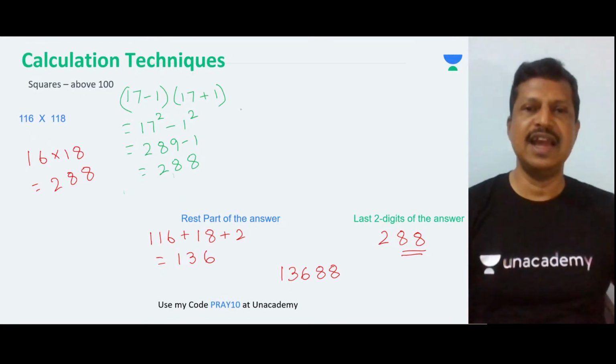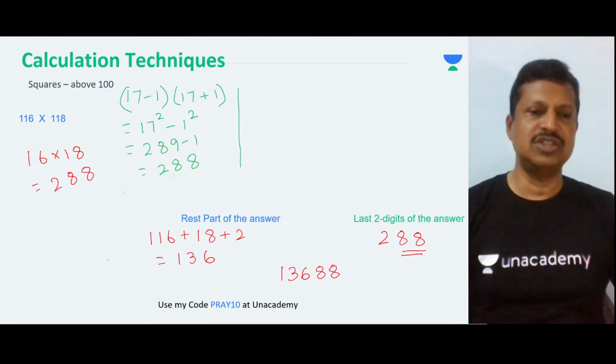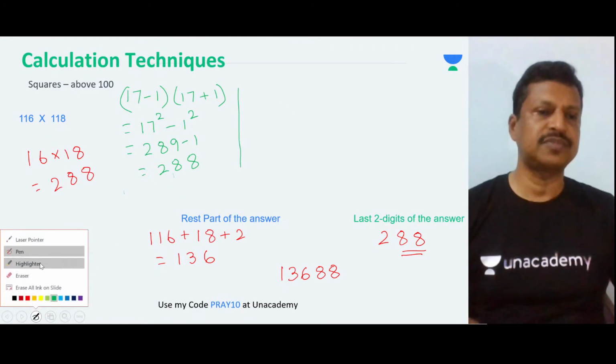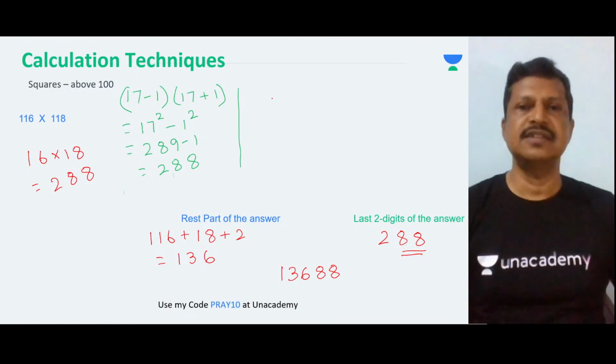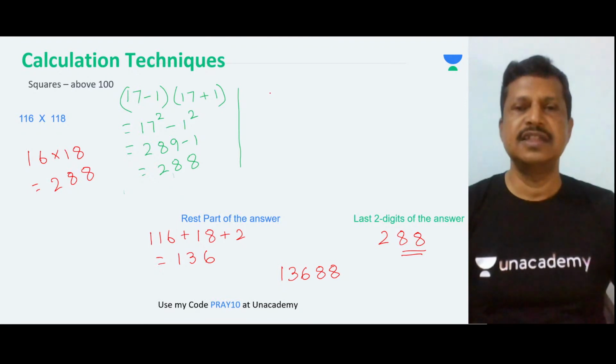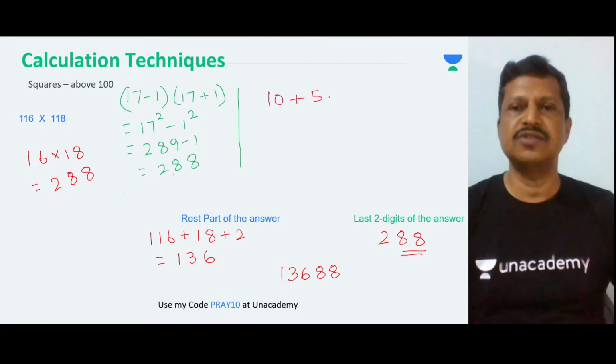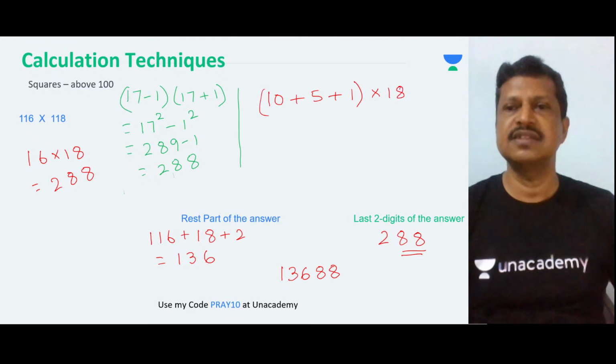It looks quite lengthy, but it's not that lengthy. I have just written this way: 10 plus 5 plus 1, into 18.